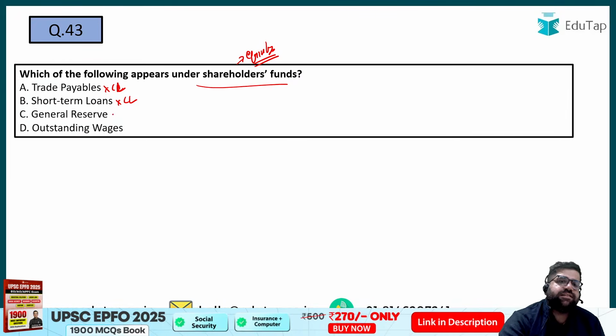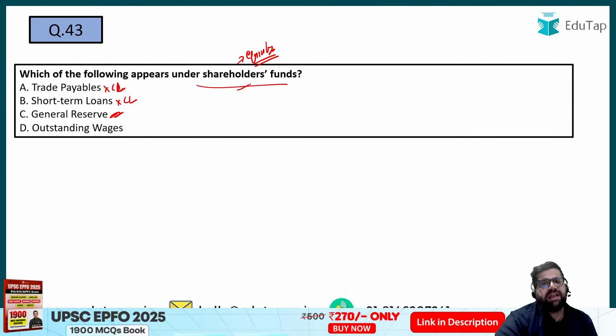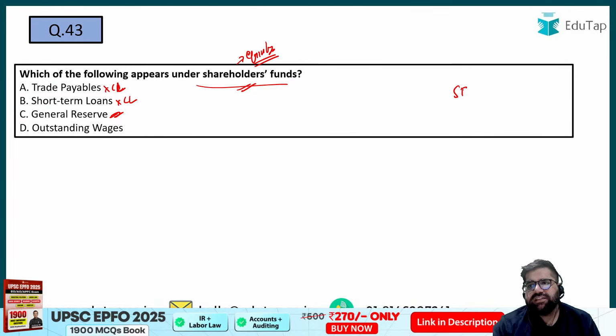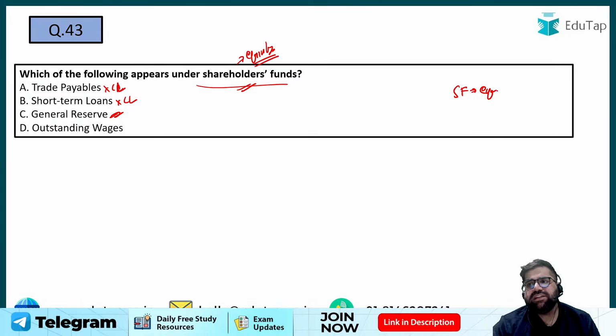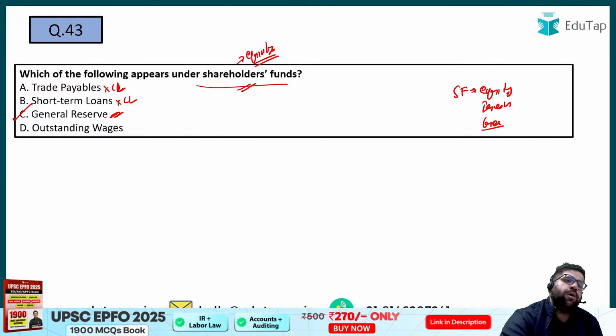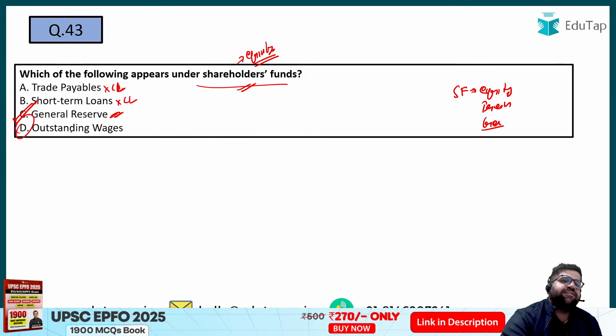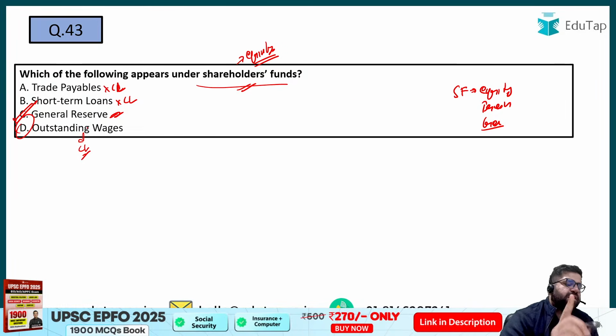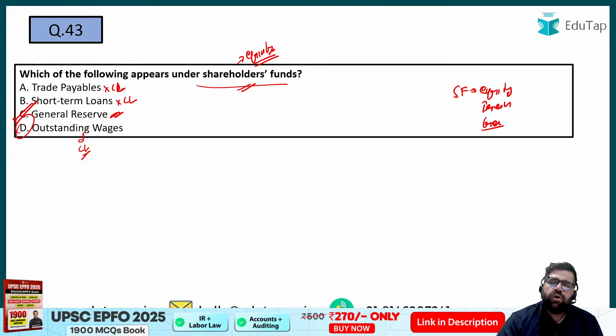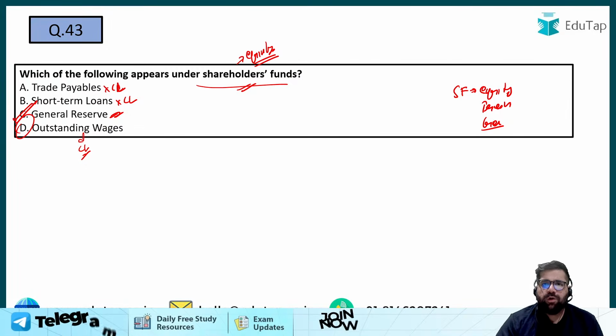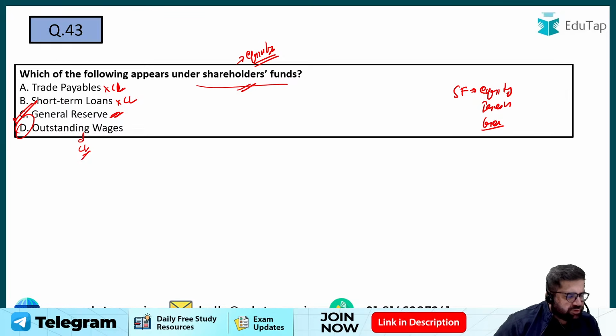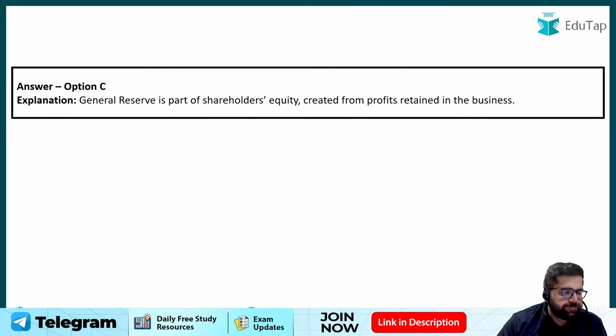General reserve, yes, it can be included in your shareholder fund. Shareholder fund basically means your equity share capital, your preference share capital, and your general reserves and multiple other types of reserves which can come. So my answer will be option number C. Outstanding wages is again a kind of current liability, not shown in your overall shareholder fund. So my answer will be option number C.